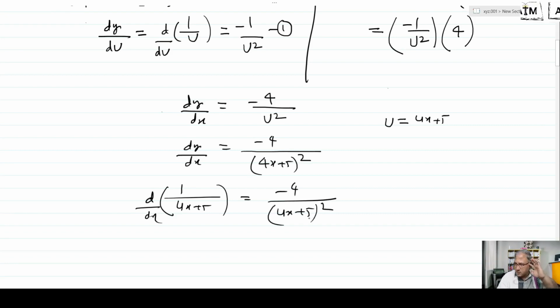This is the result of the derivative of 1 upon 4x plus 5. Repeat, the differentiation of 1 upon 4x plus 5 with respect to x equals minus 4 upon 4x plus 5 whole square.